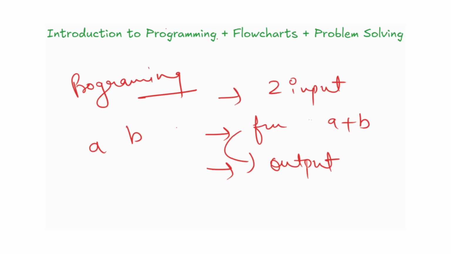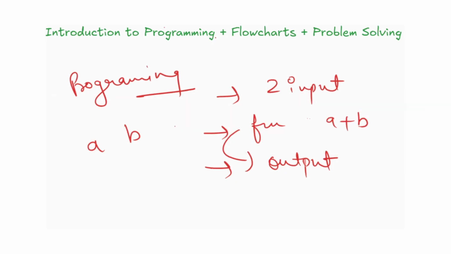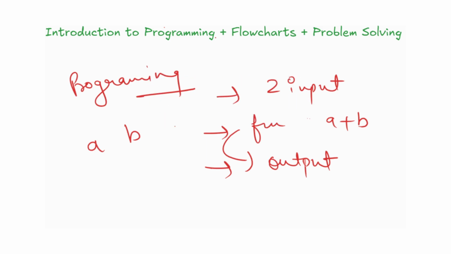Now I want to move to problem solving. So let's talk about what problem solving is. Problem solving in DSA is like breaking a big task into smaller steps. For example, your friend's birthday is coming, but you forgot to purchase a gift for that person. So what can you do?